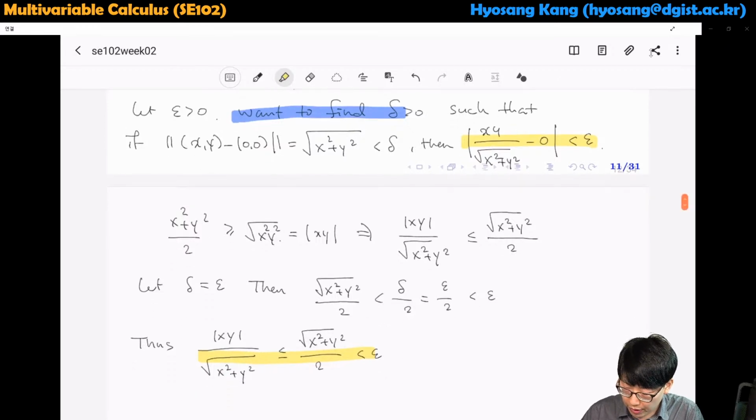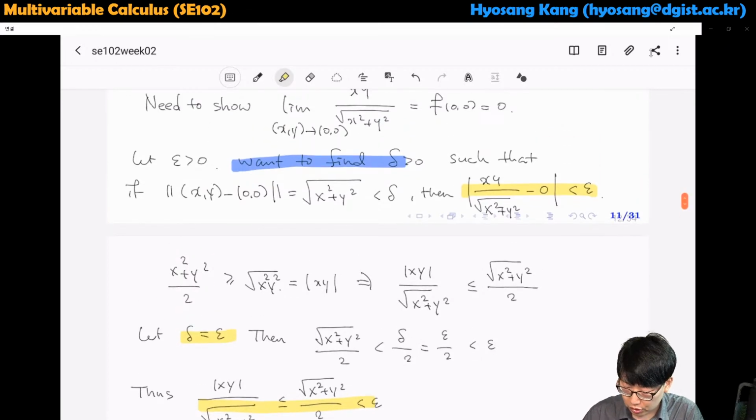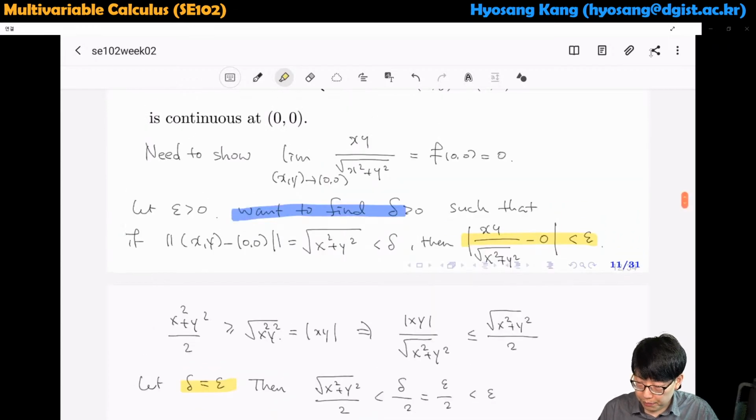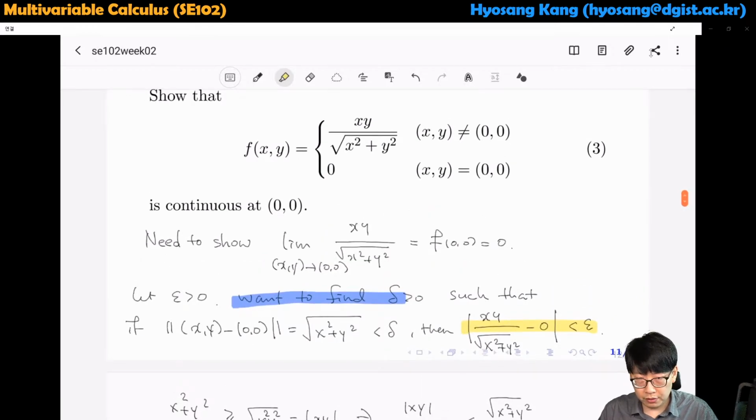So we found a delta which satisfies this condition: if the length between (x,y) and (0,0) is less than delta, then the inequality holds. So we prove that 0 is the limit of this function, and also 0 is the value of the function at (0,0), so f is continuous.